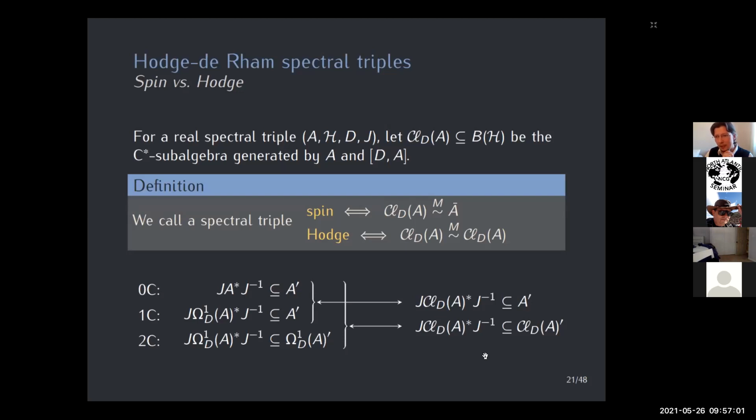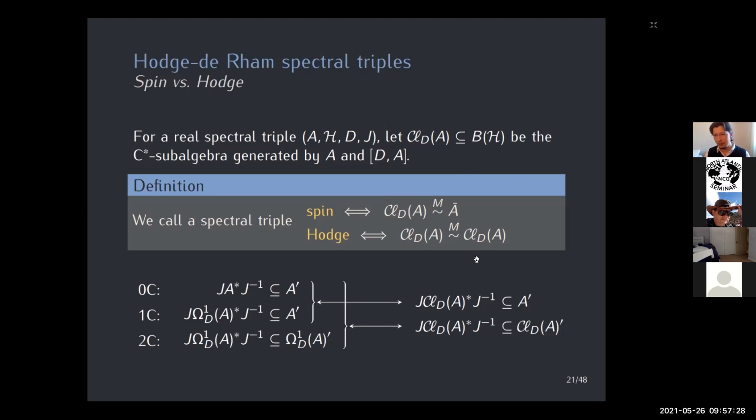In some sense, yes. In truth, what I have said here, that we require a real spectral triple, is not super precise. Rather, you need a spectral triple with at least some anti-unitary. I think the example will make it more clear.